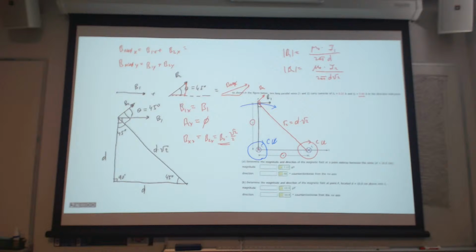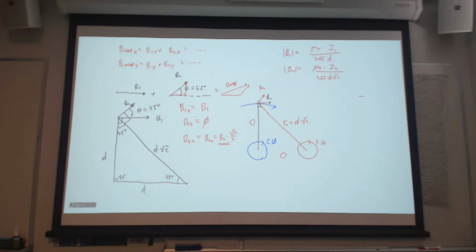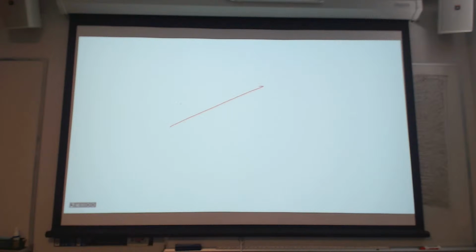So now you need to finish the calculation and calculate two components of the net field. So for the net field, you will have in the end an arrow, B net. It will have a known X component, which is again B1X plus B2X.